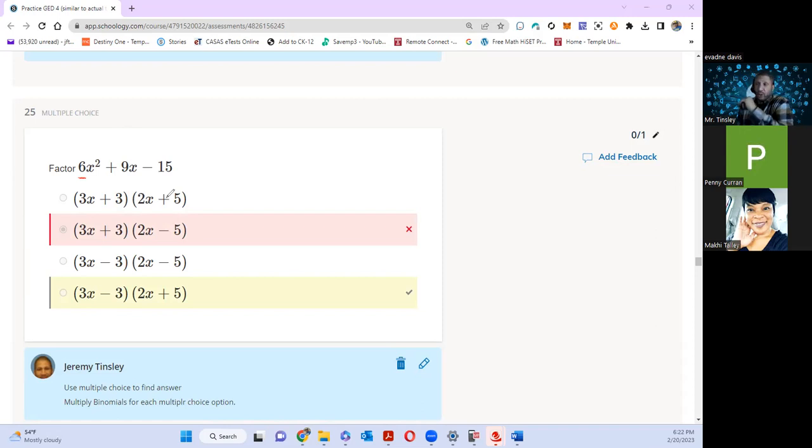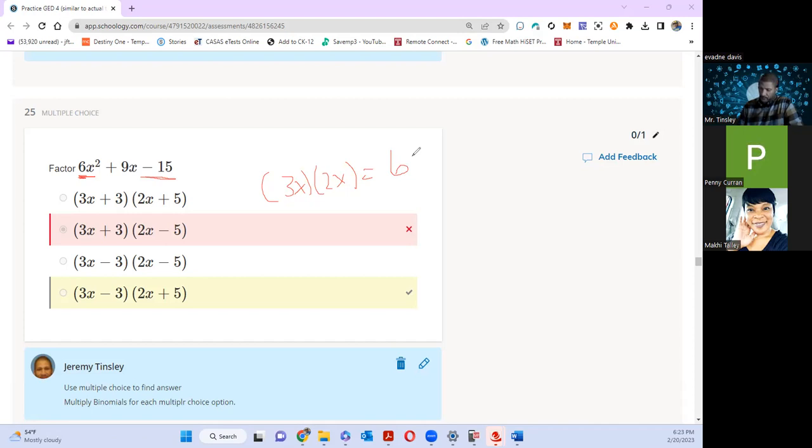One thing you should know is that the last term is minus 15, and the first term is 6x squared. So if I multiply 3x times 2x, what is 3x times 2x? 6, 6 what?